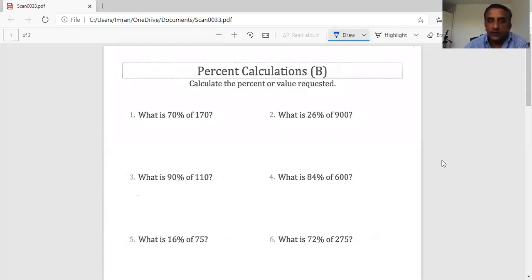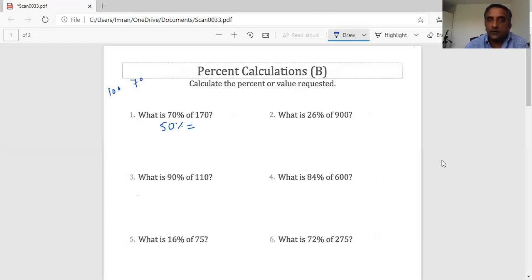So again, it's easy to find 50% first. So we can work out 50% of 170. And 50% means half. If you don't know what is half of 170, you can divide it into two parts. I'm just going to do it here, 170.